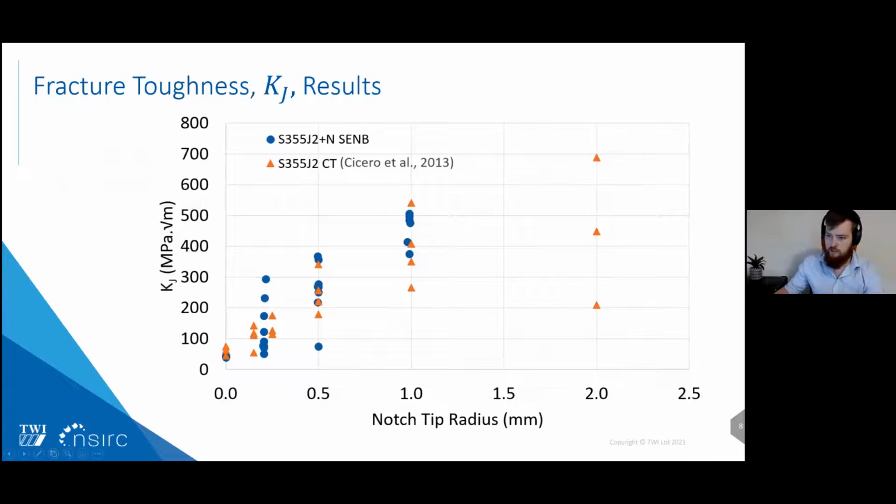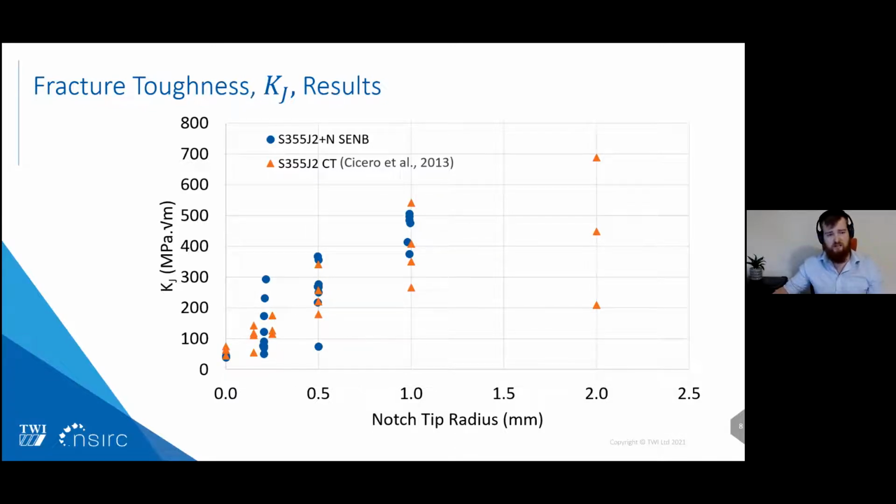which allowed us to compare these results to other results from literature. This is a very similar cleavage test program carried out on a very similar material, an S355 J2. Although the specimens in this case were CT specimens, compact tension specimens, our belief is that both were very high constraint at the notch tip, and this allows us to compare the levels of scatter at different notch tip radii and see where our results or their results might be more scattered than you might expect.